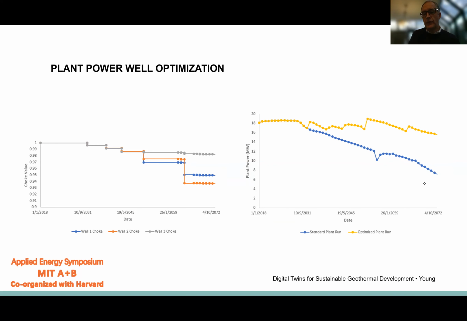You can see that very much in the decline on the right-hand figure here.